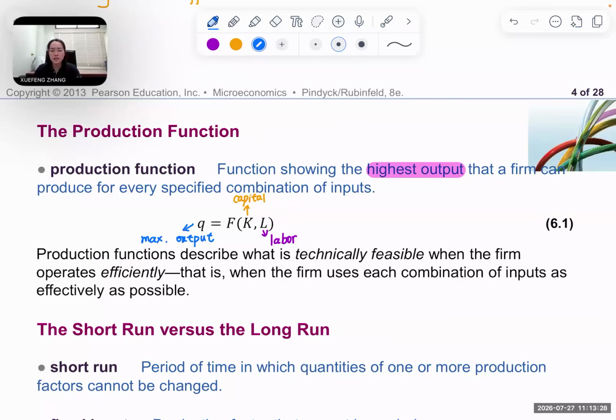It assumes that the firm is using inputs efficiently, means no waste. Okay, efficiently, all right, no waste. Think of it like a recipe, all right? We have inputs in, output out. And this function tells you the best possible results.